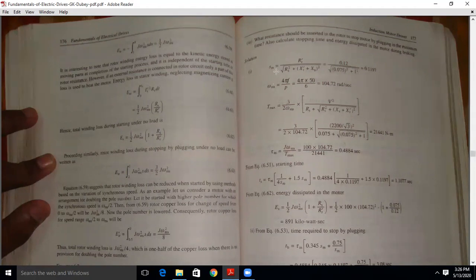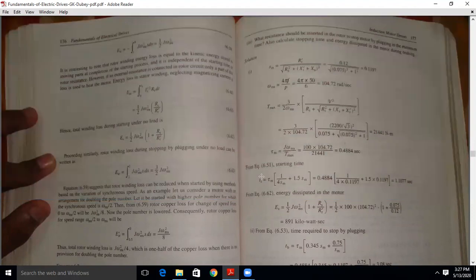these are the formulas. The TS, the time during starting, has the formula TS equal to 2m under root 1 divided by 4 Sm plus 1.5 Sm, that is equal to S. Here we need to calculate 2m and Sm.